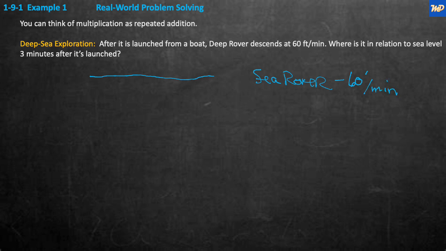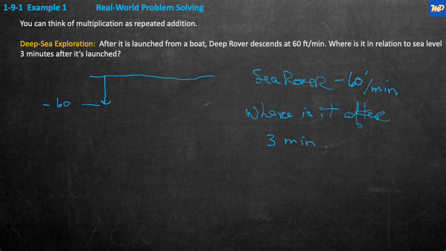The question is, where is it after 3 minutes? Well, they want us to do this by repeated addition. So 60 times 3 is what we're doing here. Here's a little boat. We're going to go down, and this is 60 feet.